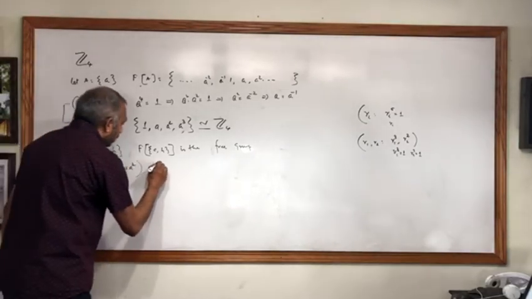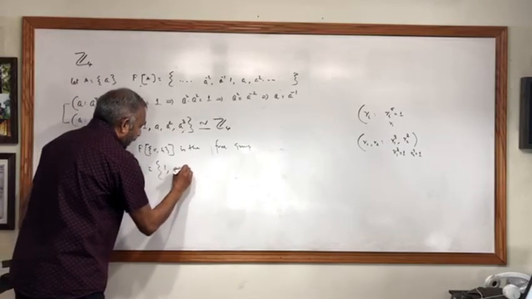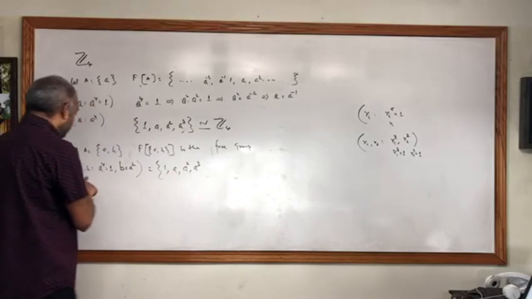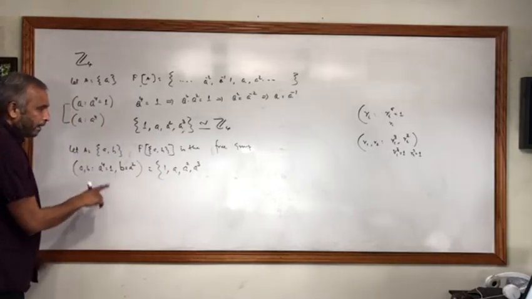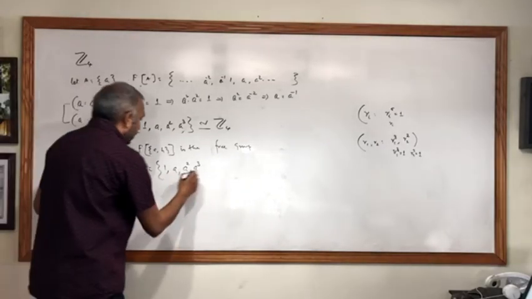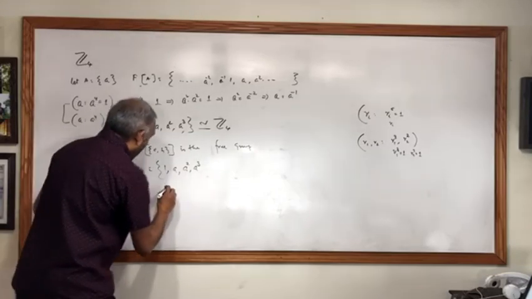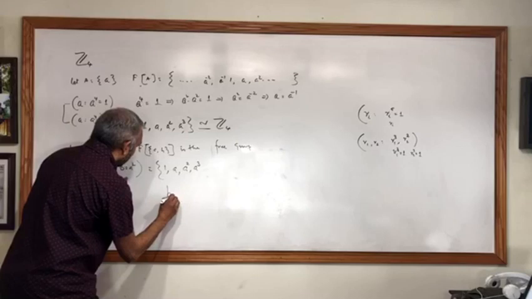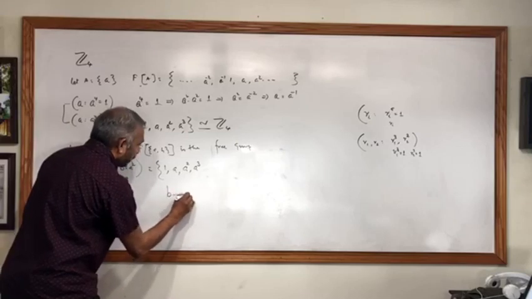Now we'll have 1, A, A square, A cube with this condition. Now if you have a B, that is automatically converted to A square, which is already there.